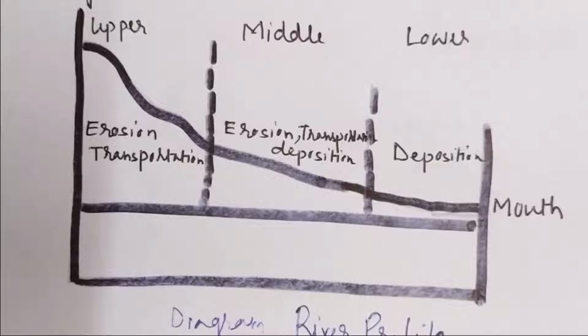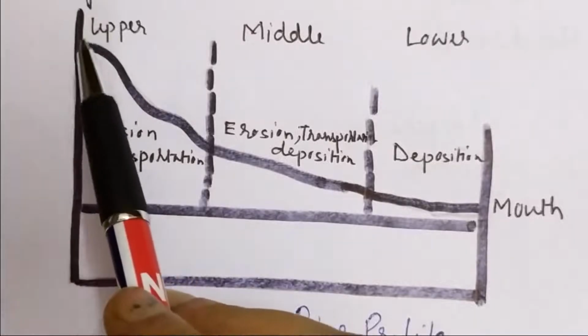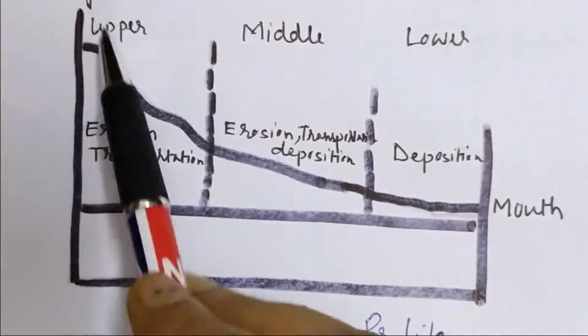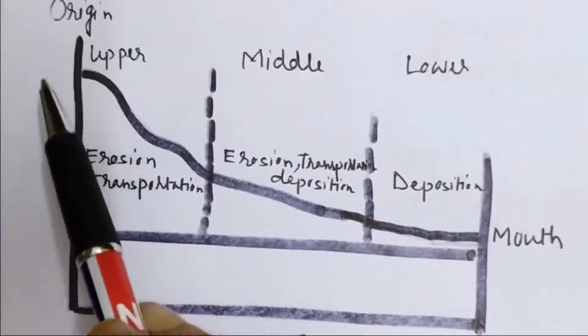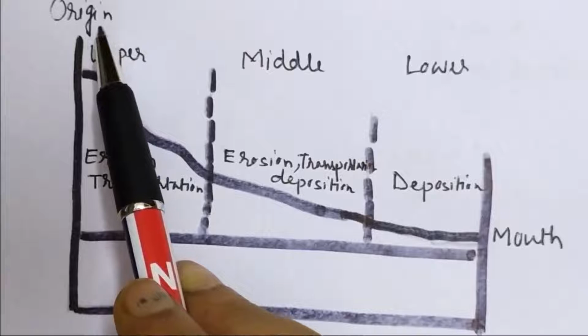From its origin to its mouth, a river may be divided into 3 stages. So remember, the starting point of a river is known as the origin or source.